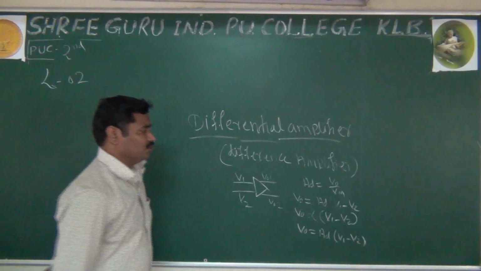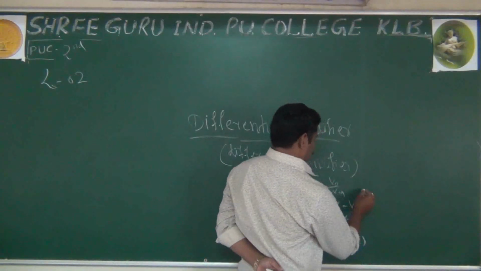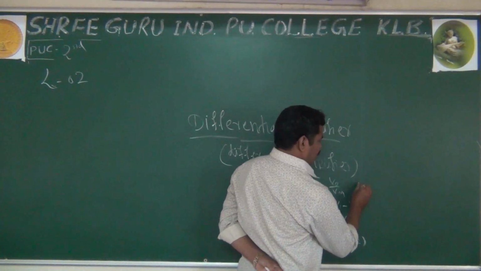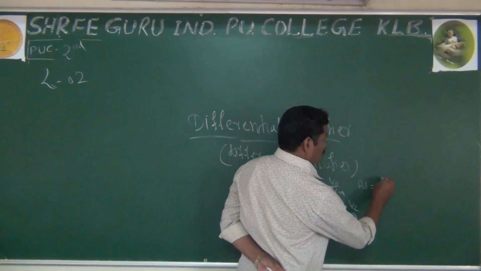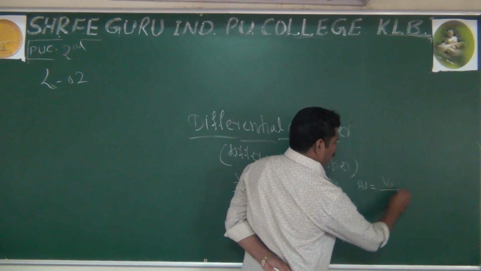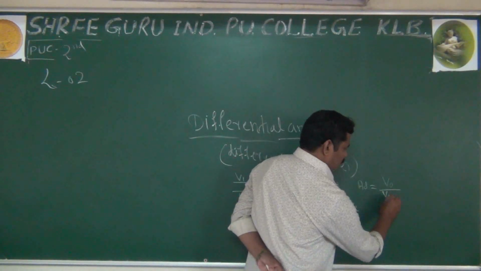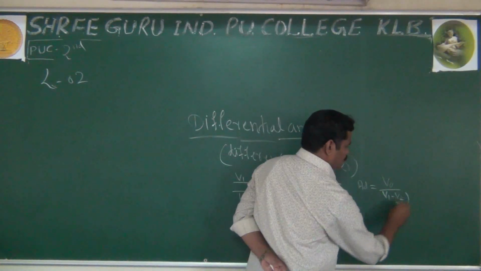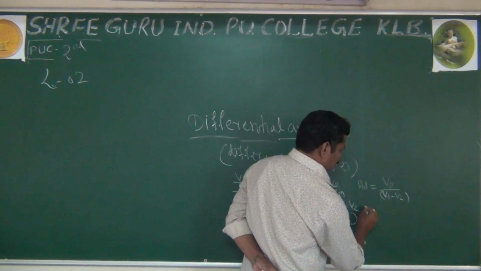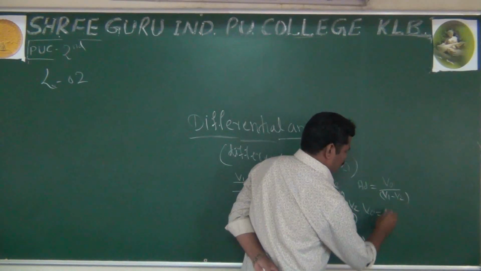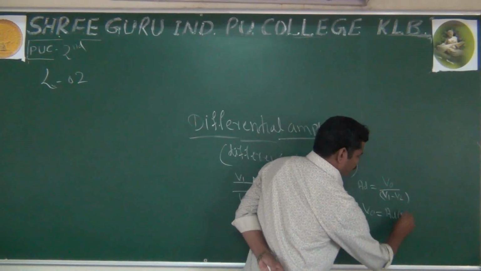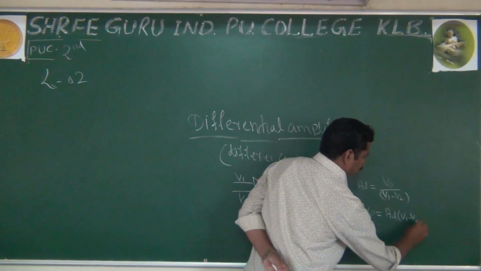Or you can write AD equal to V0 by V1 minus V2. Or the output voltage is equal to AD into V1 minus V2.